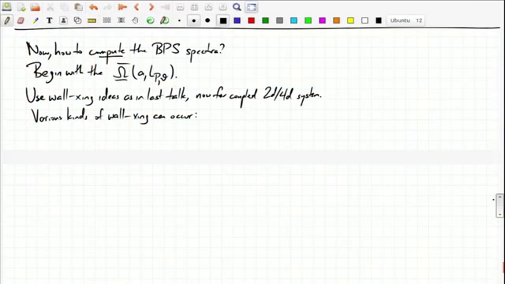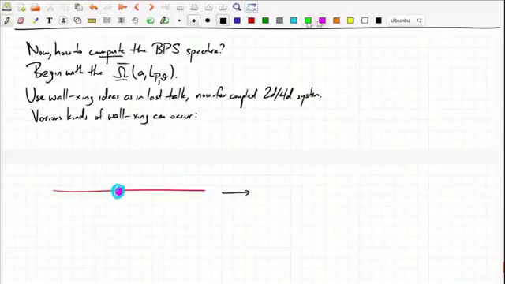So one is that my framed BPS state could decay by emitting an ordinary four-dimensional BPS state.